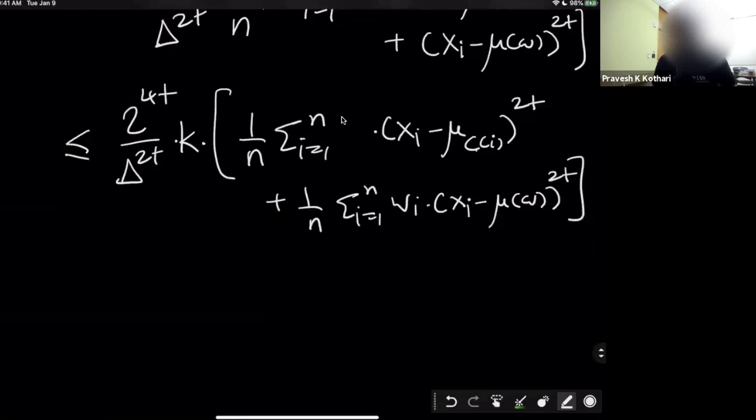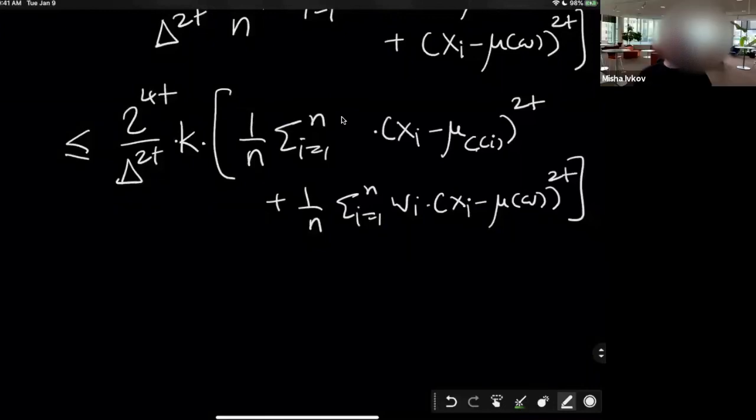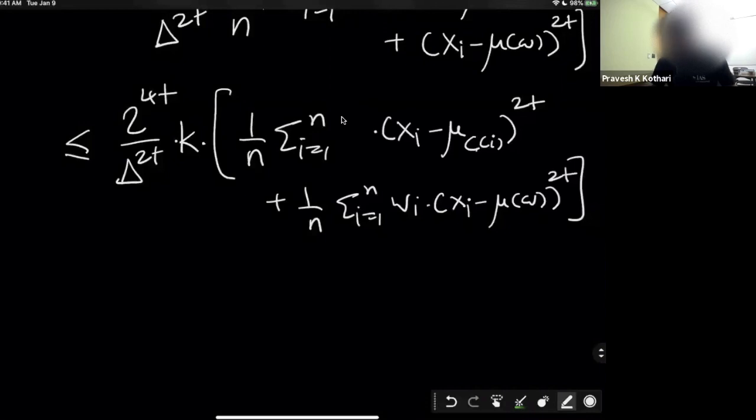Because that's what mu of C(i) is. So what's the distribution of x_i minus mu of C(i)? Gaussian with mean 0. Exactly. So it's a Gaussian with mean 0 and variance 1. Each x_i minus mu of C(i) is identically distributed as a Gaussian with mean 0 and variance 1. So I actually have the 2tth moment of a Gaussian here.